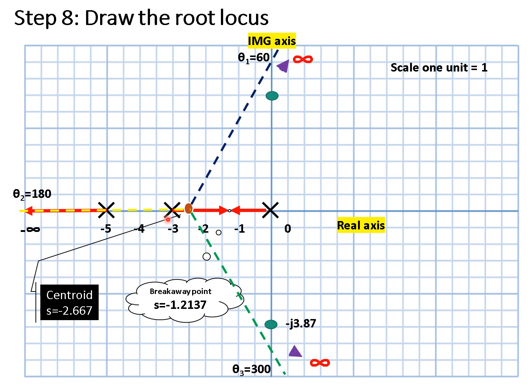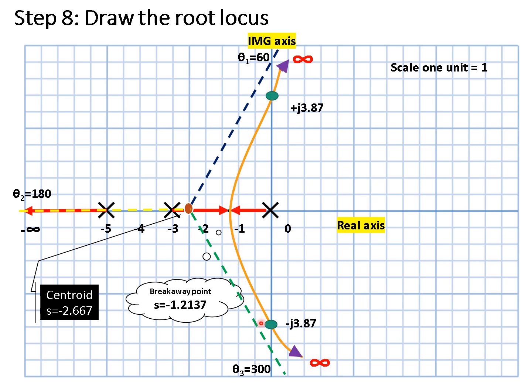The next thing is we need to see how the locus will cross the imaginary axis, that is for marginal stability, and we found by Routh's array that it is -j3.87 and +j3.87. So we need to draw the curve going along from the breakaway point towards infinity.